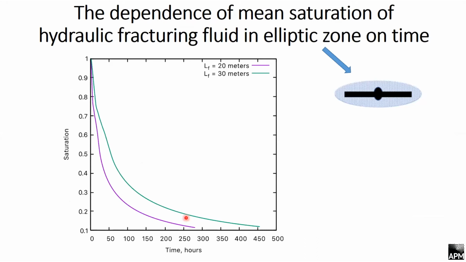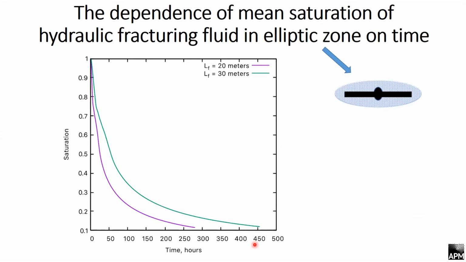Here you can see the dependence of mean saturation of hydraulic fracturing fluid in the elliptic zone on time. The dependence initially behaves linearly and after that continues as a power law but never reaches a constant. The asymptote in this case is saturation equal to 0.